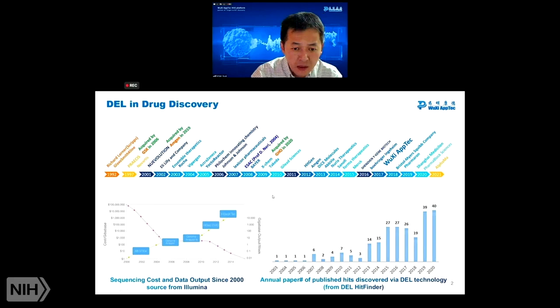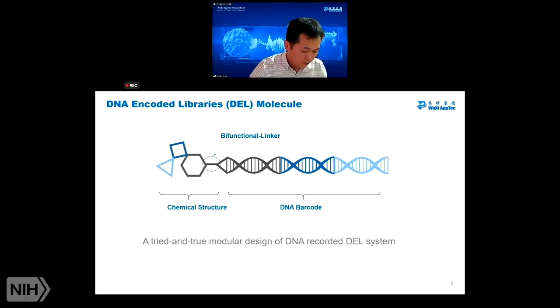So, like I said, DEL technology has progressed for 30 years now, and there are many different variants of DEL. In the interest of time, I cannot cover all of them, so I will pick the most common themes and some of the general practices. When it comes to DEL, there are different formats.